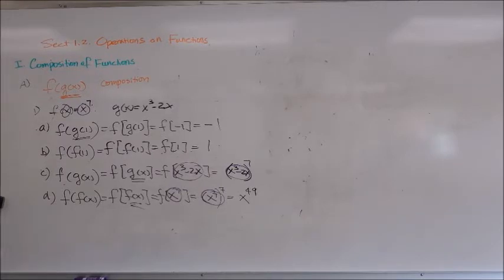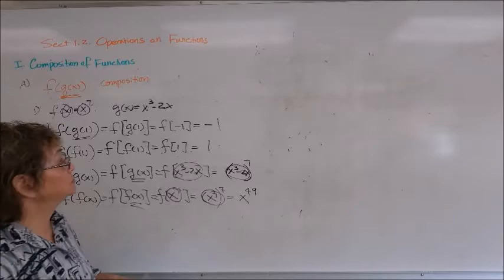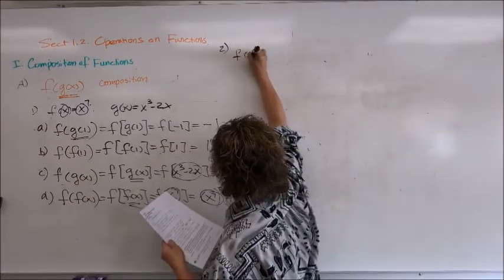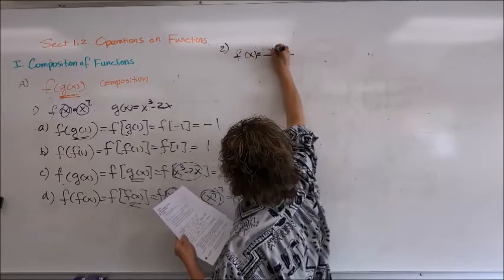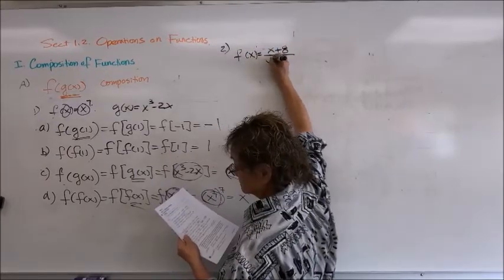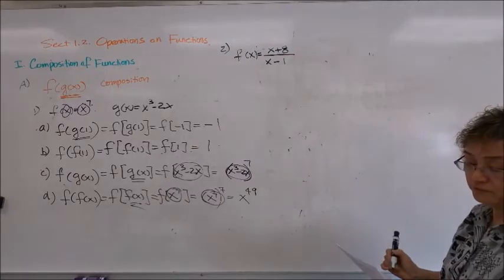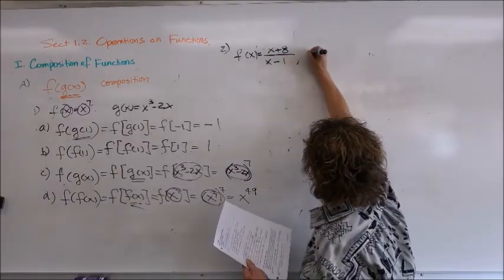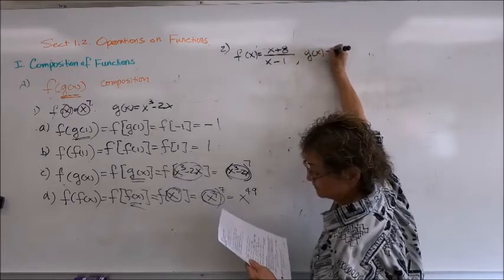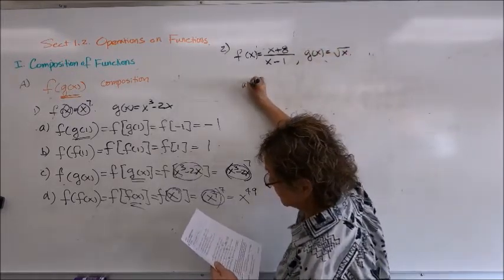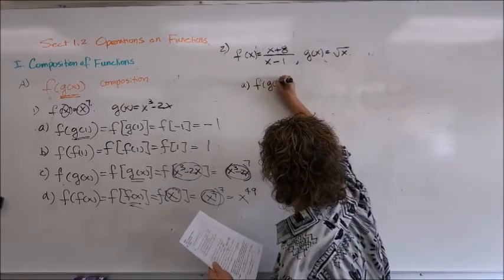Okay, let's see the next one. If we have this situation, it is a fraction. We are on your page 4. So g of x is this. We say first, find f of g of x.